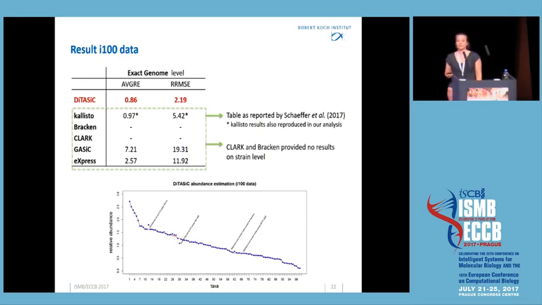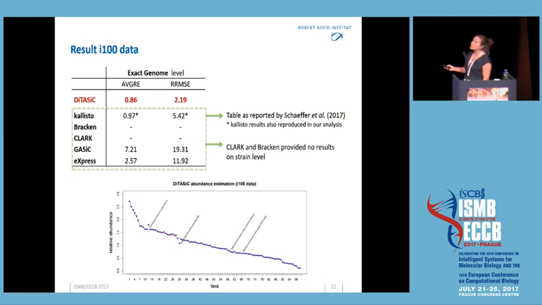And Callisto was shown to have a superior performance concerning strain resolution in comparison to existing methods like Bracken, Clark, Garsig, and Express, by showing the smallest average error and smallest relative root mean square error values. But we also have to note here that Clark and Bracken only provide resolution on higher taxonomic levels.